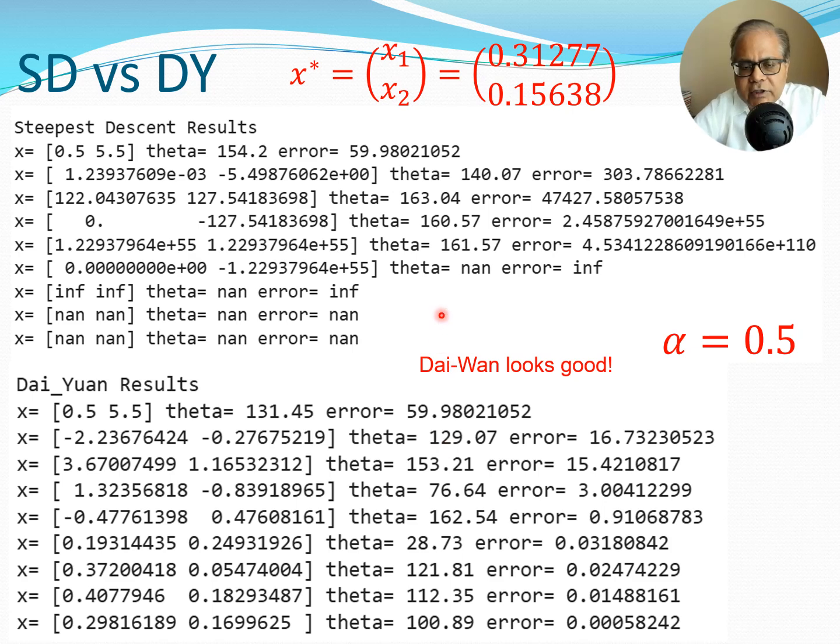But very interestingly, and I was rather surprised to see that the Dai-Yuan is actually converging for alpha is 0.5, and this is a very interesting result which actually tells you that there may be some possibility in terms of research about looking at conjugate gradient methods for machine learning, and certainly the Dai-Yuan method looks good here and you can see that.